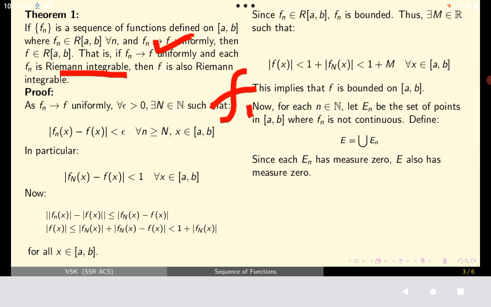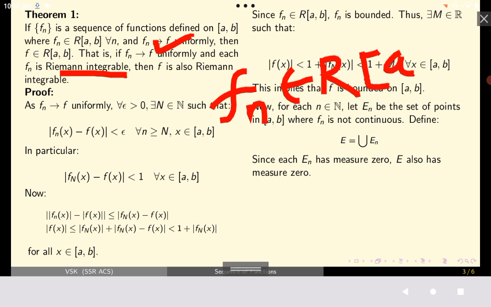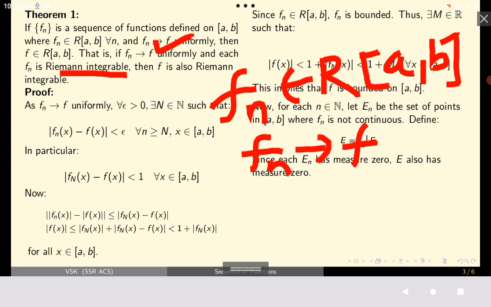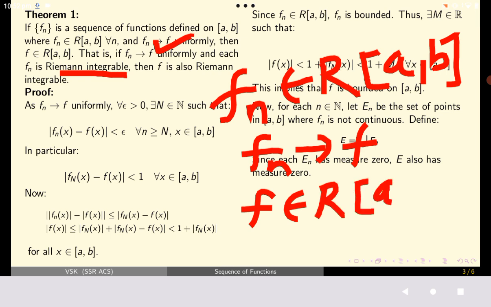That is given. So we have to prove that the resulting function is also Riemann integrable.